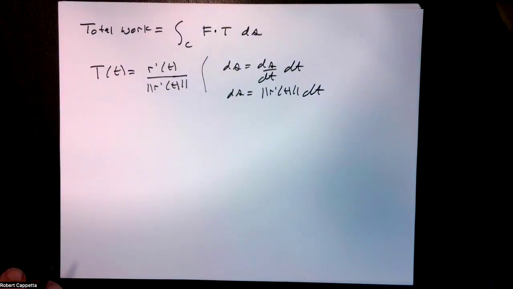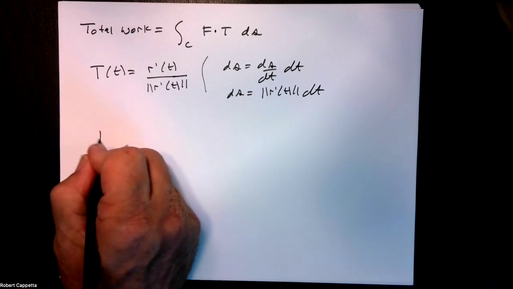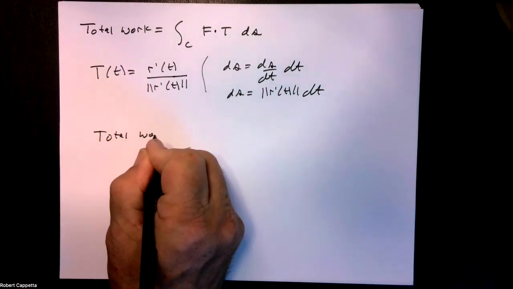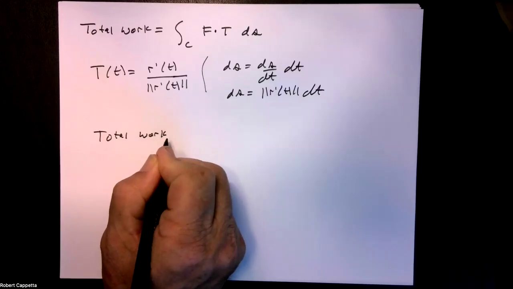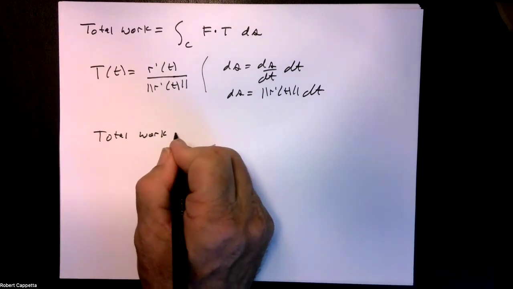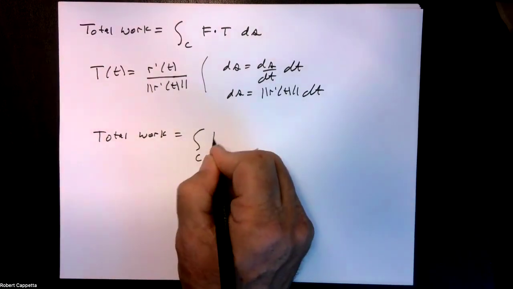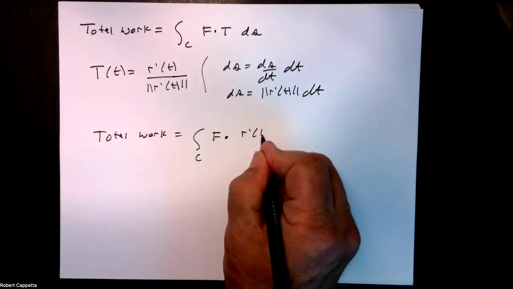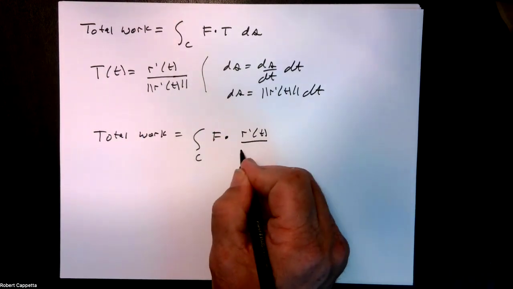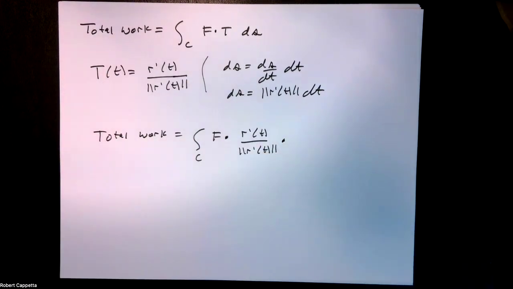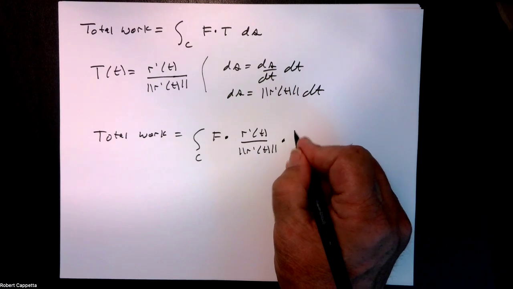dt. So putting these things together, where does that get me? Total work is the integral over C of F dot T, r prime over the speed, times ds, which is speed dt.